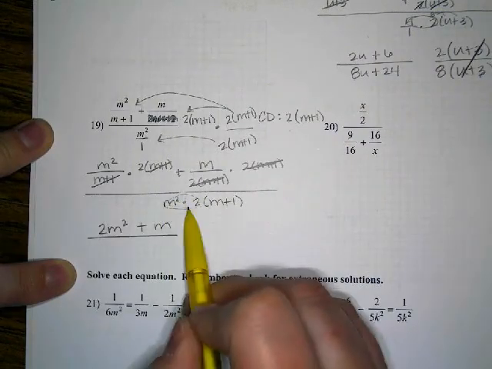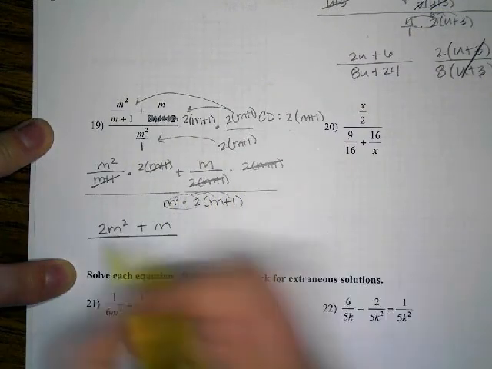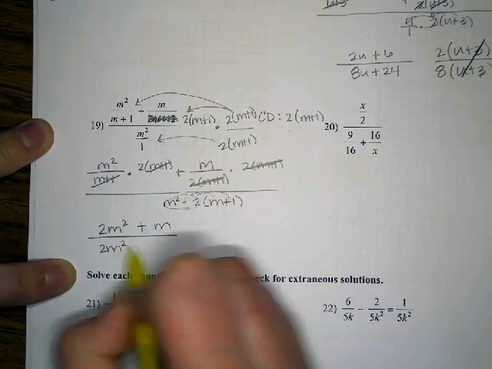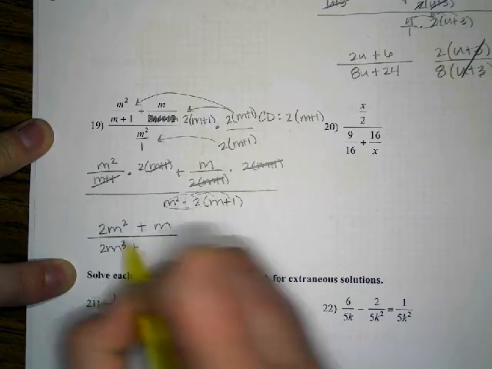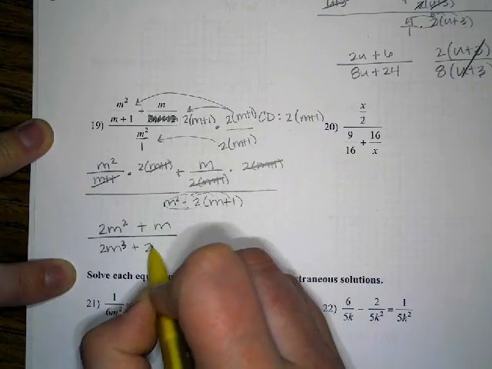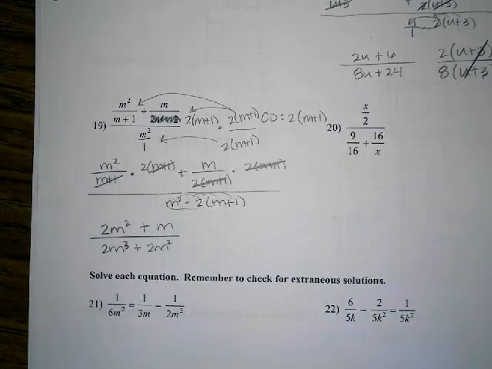So 2m squared plus 2m cubed plus 2m squared. Okay? And then at this point, I can factor out a GCF on the top and the bottom and see if anything can cancel.